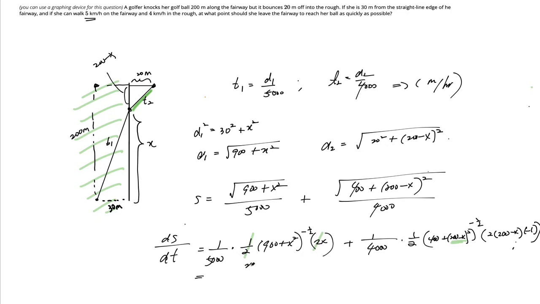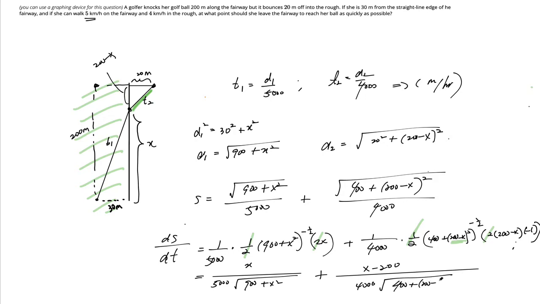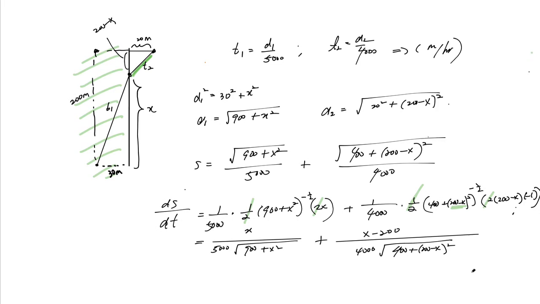So we have x on top, 5,000 at the bottom, and then the square root of 900 plus x squared there. This 2 will also cancel out, and this here is going to be x minus 200, and we have 4,000 there. And we can bring that to the bottom as the square root of 400 plus (200 minus x) all squared.